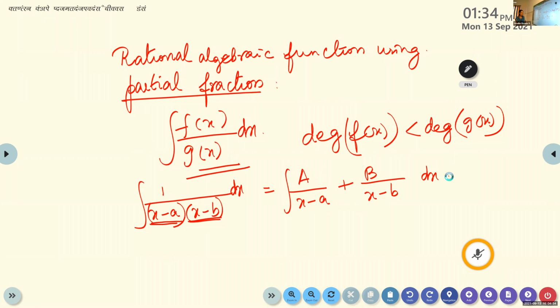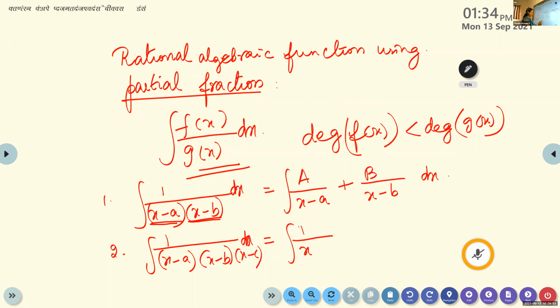Suppose we have 3 factors: (x minus a), (x minus b) and (x minus c). Here also the condition is satisfied. Degree of the numerator is less than degree of the denominator. So we can split this as A by x minus a plus B by x minus b plus C by x minus c.